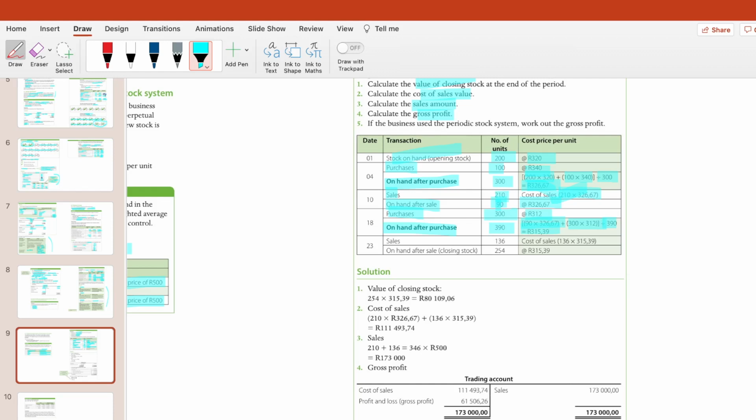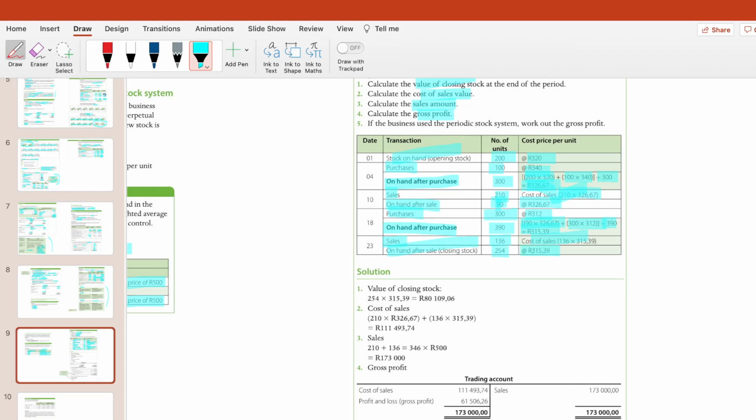Then on the 23rd, our sales were 136 units that we sell, and we sell it at the new average of 315 rand 39. And on hand after the closing sale is 254 at the 315 rand 39.